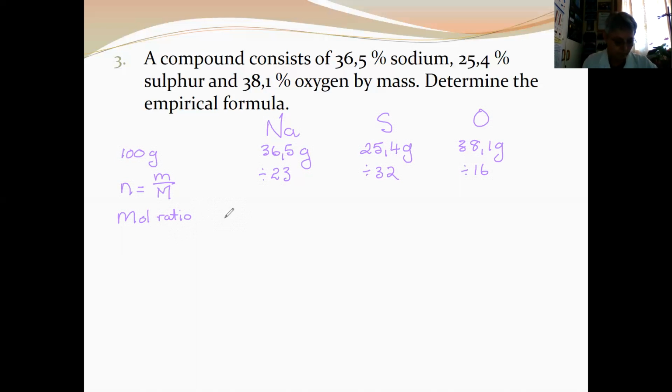36.5 divided by 23 gives us 1.587 mole. The 25.4 divided by 32 gives us 0.794 mole.